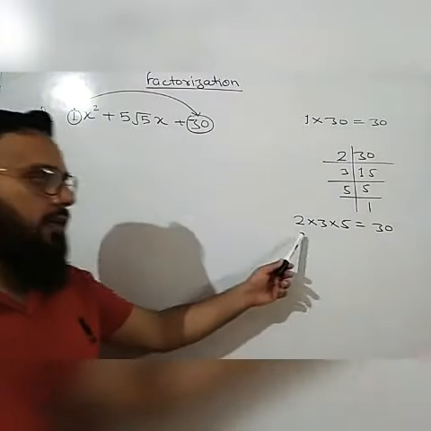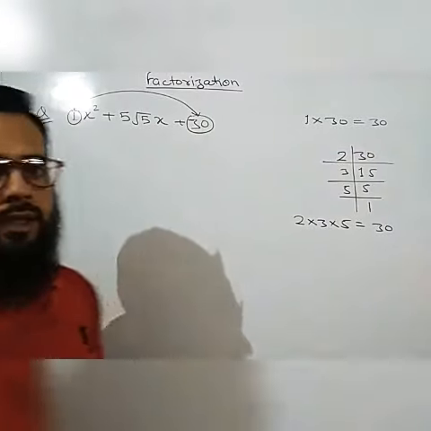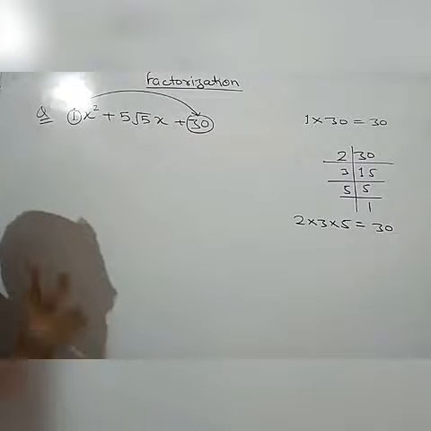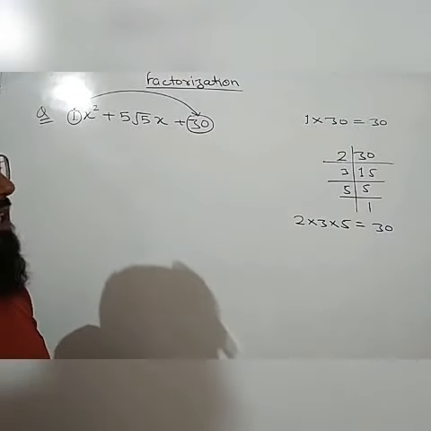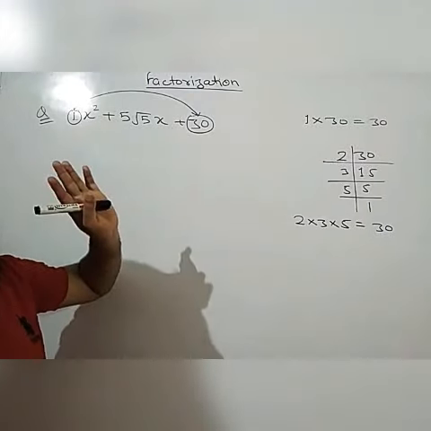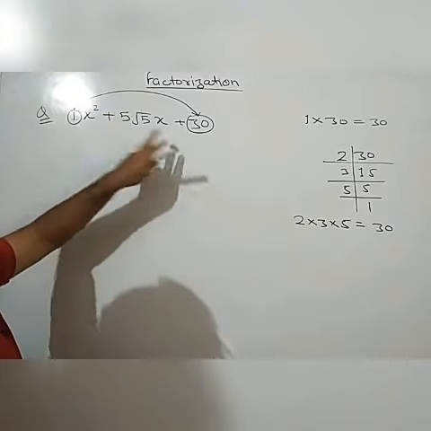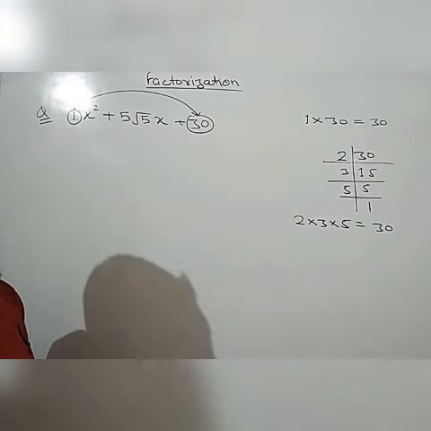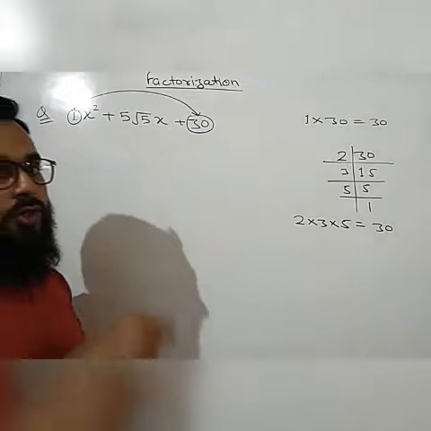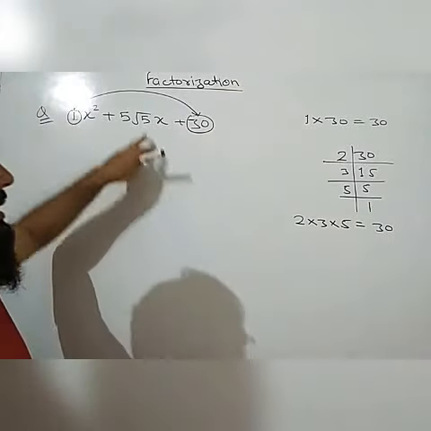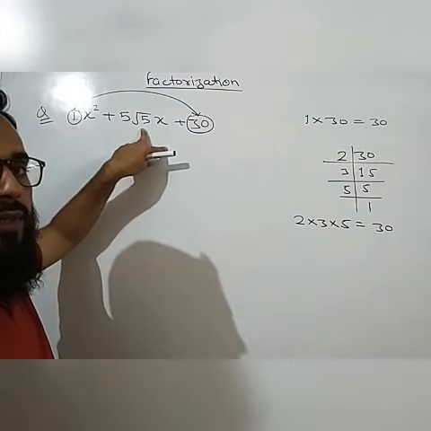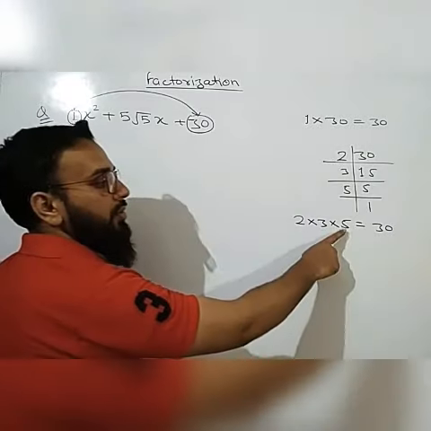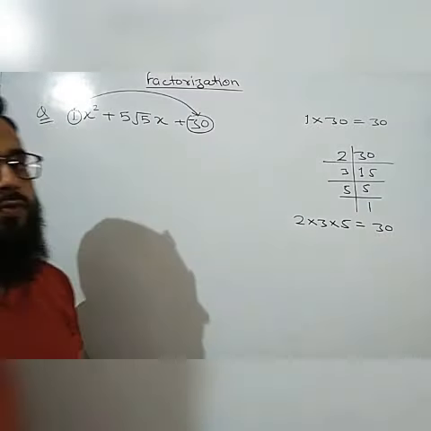Okay, so these three are the factors. 2 into 3 into 5 equals 30. Now we have to obtain only two numbers whose multiplication should be equal to 30, but whose summation, whose addition, should be equal to 5 root 5. So in the previous question also we discussed that when there is a square root, we have to convert the number in terms of square root.